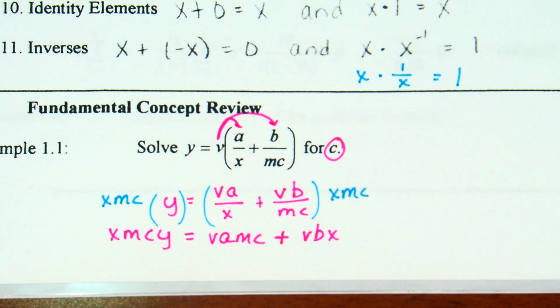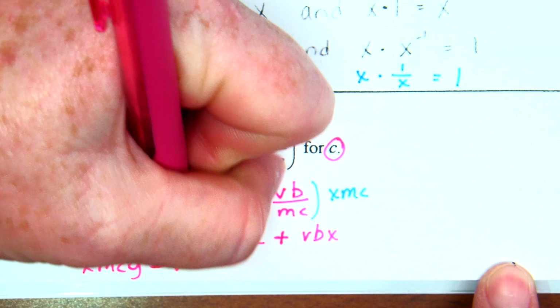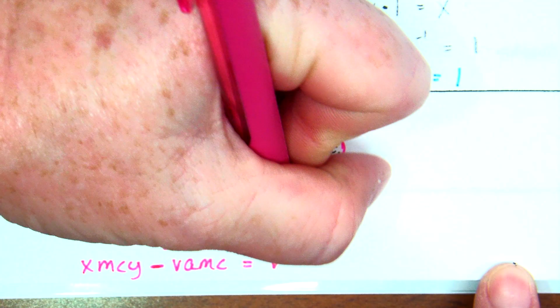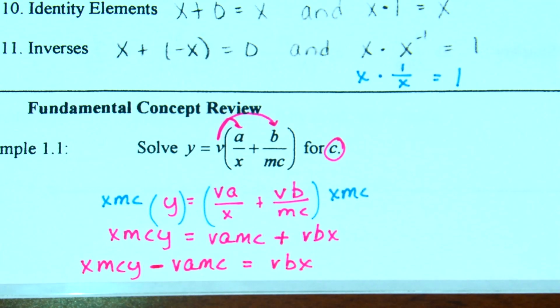So in order to get those c's on the same side, I would subtract the vamc over to join the xmcy. It's like alphabet soup here, isn't it? So I'm going to say xmcy minus vamc, and that equals vbx. Is that okay for you guys?